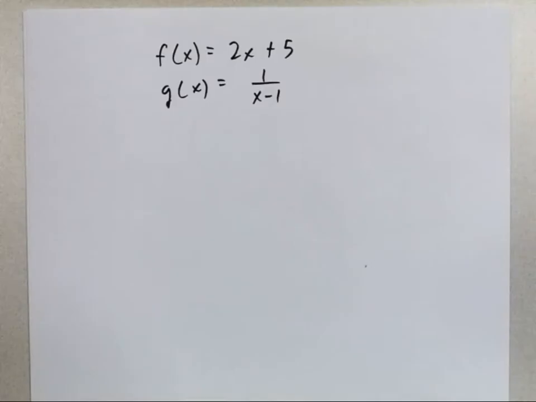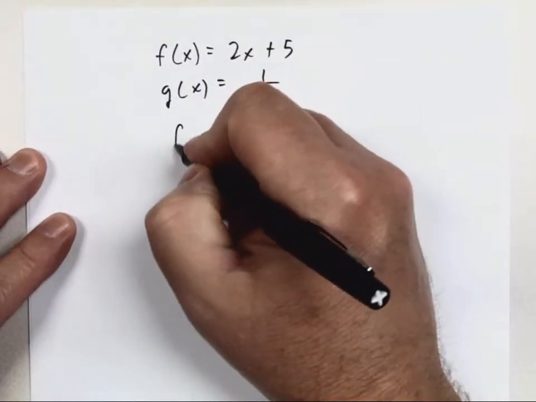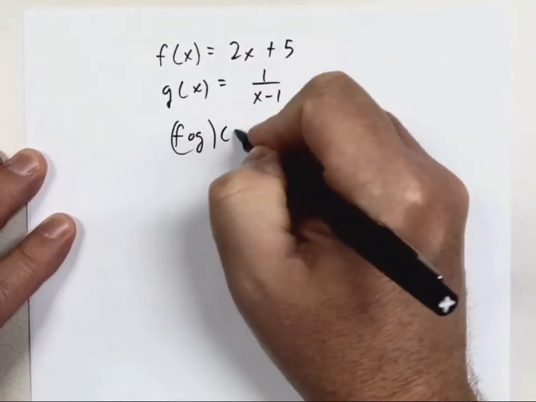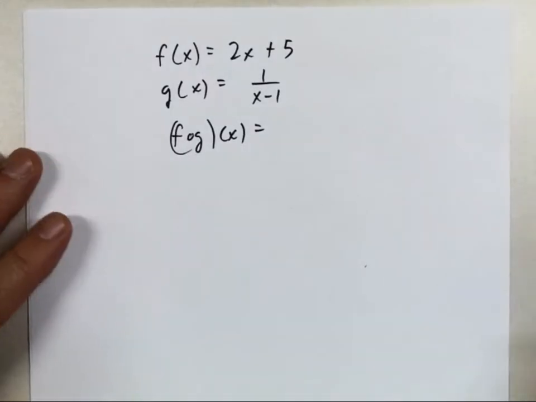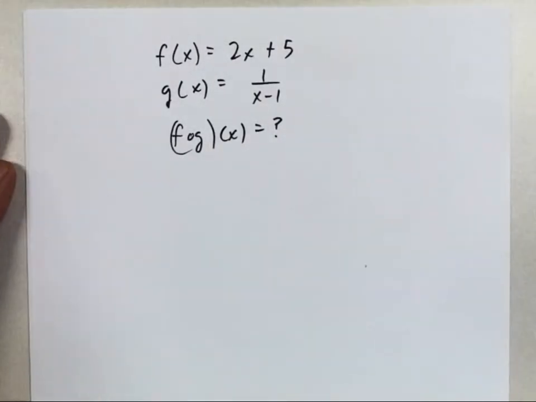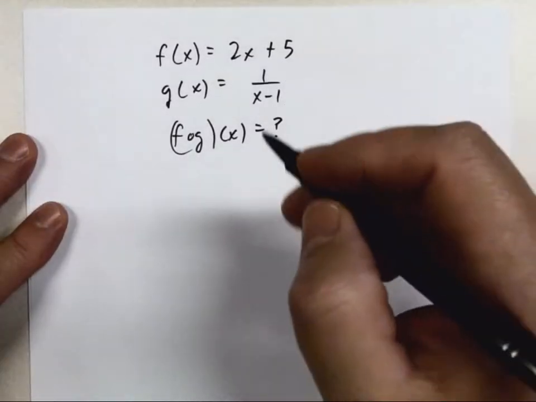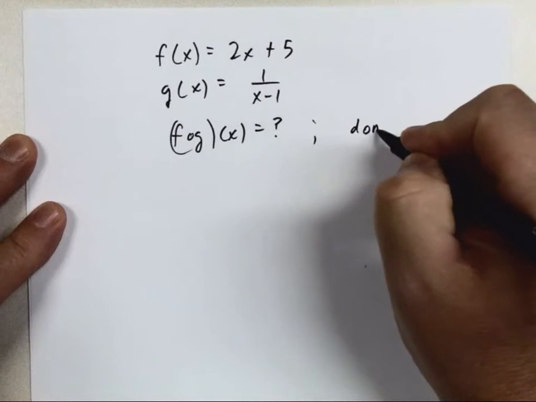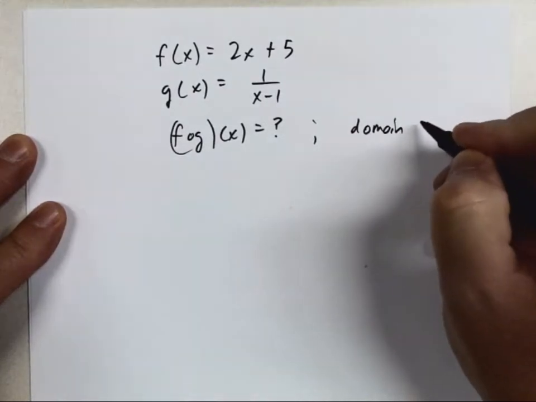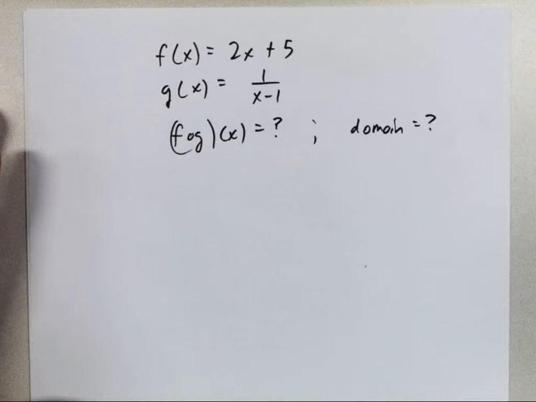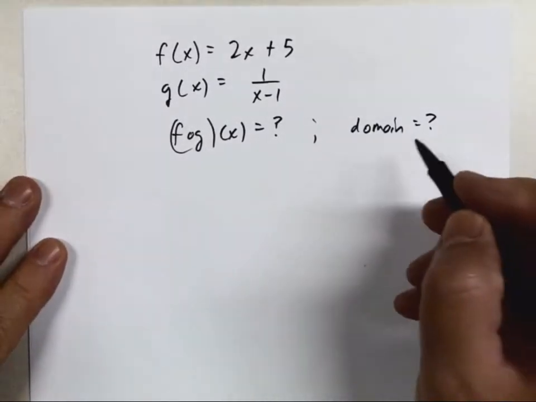G of x is 1 over x minus 1. They ask for the composite. What is f composite g of x? And when we're done, they also want the domain of the composite. So let's go ahead and figure out the composite first, and then we'll look at the domain.